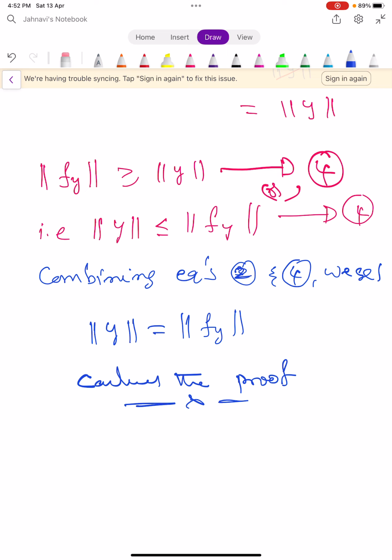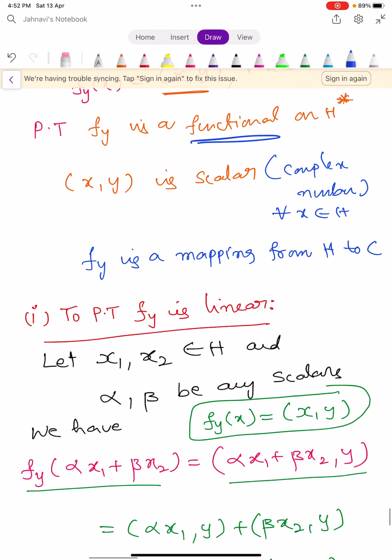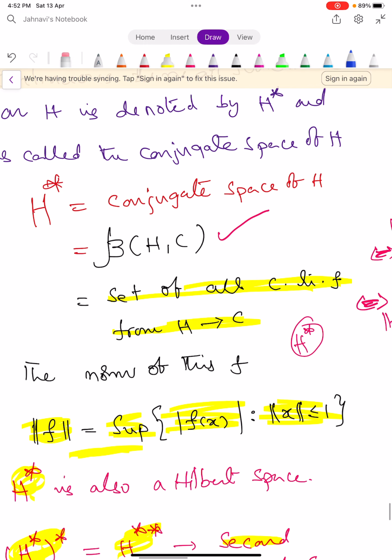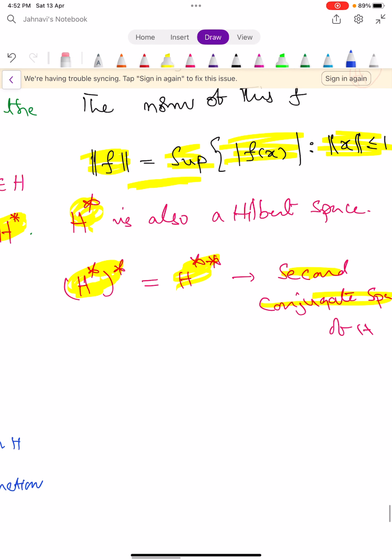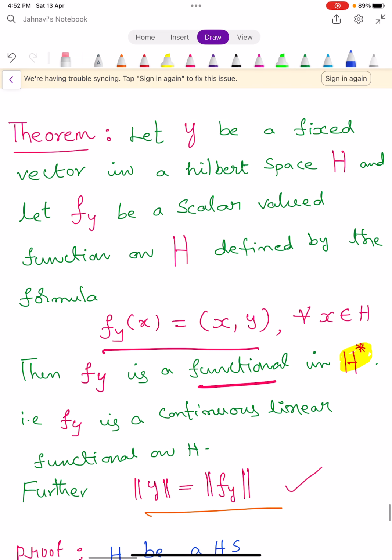So observe that this is one of the lengthiest theorems. In this video we learned about the conjugate space, the second conjugate space, and also a theorem whose statement is like this: let y be a fixed vector in the Hilbert space H, and f_y be the scalar valued function over H defined by f_y(x) equal to the inner product of x comma y.